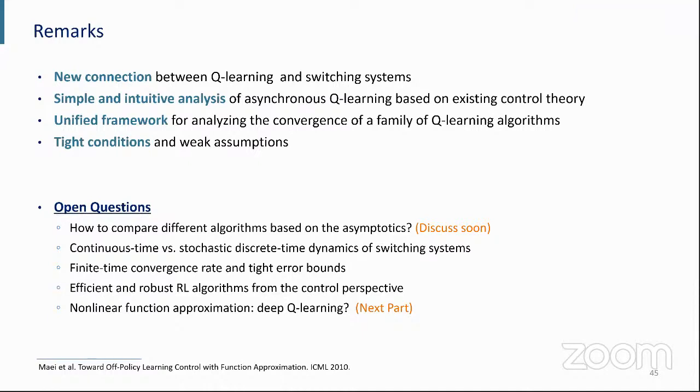So in principle, those are stochastic discrete time switching systems. And my understanding is there is not much work in terms of understanding stochastic dynamic systems, unlike deterministic dynamic systems. Right, I think that's one issue.